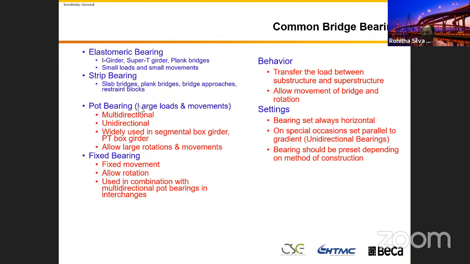Pot bearing, we have a few types. You can have a free bearing, unidirectional fixed bearing. This elastomeric bearing, the carrying capacity is less, the shear load capacity is less, but pot bearings have a massive load carrying capacity.